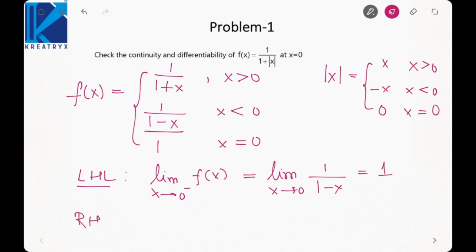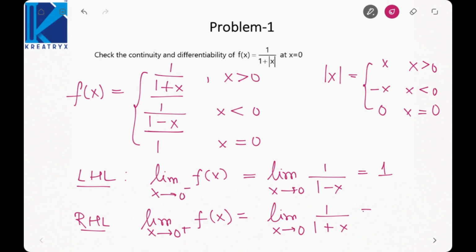For the right hand limit, limit x tending to 0 plus f(x), if you are just to the right of 0, you will use the first definition, 1 by 1 plus x, which will come out to be 1. Now the left hand limit is equal to the right hand limit, as well as the function value at 0. So my function is continuous.